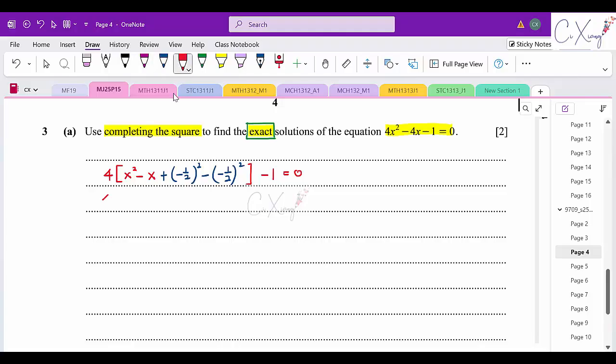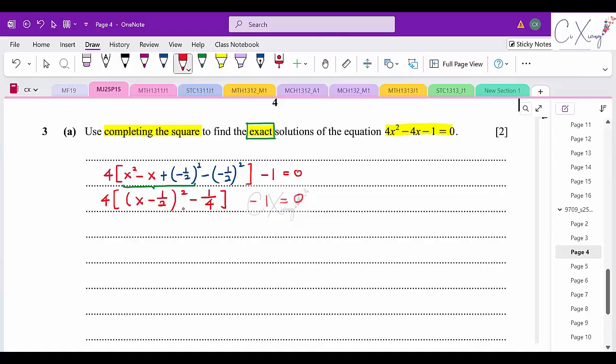Then after that, the first 3 terms in your step here to complete the square, you want to combine them, become a big bracket with the first and last term and a square outside. Then for this part, half negative square, you'll be having 1 over 4 positive, then minus 1 equals to 0.